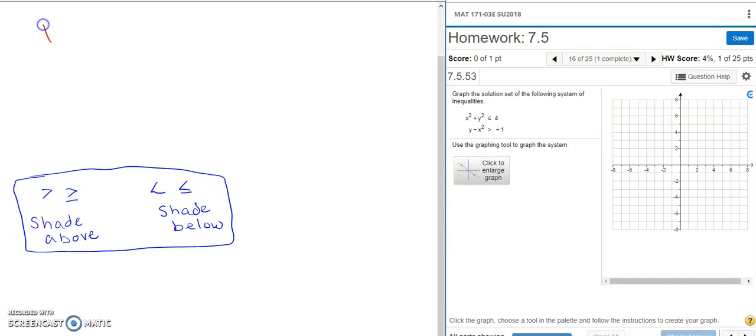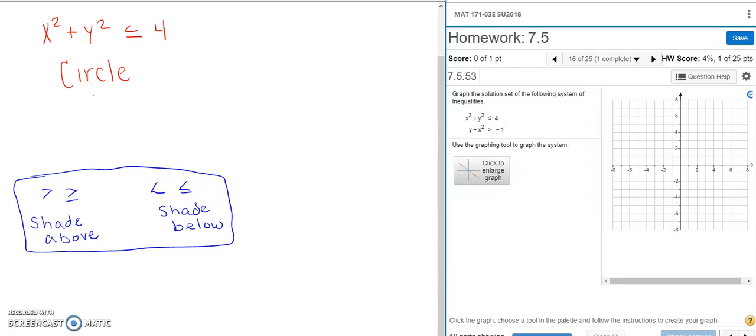So the first one, there's not anything really to solve with this one, but do you know what kind of graph this is? Well, if it has an x squared and a y squared, that makes it a circle. You need to be able to recognize that. So when we're shading less than for a circle, that means shade inside the circle.